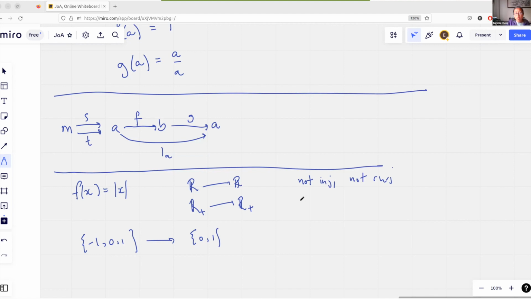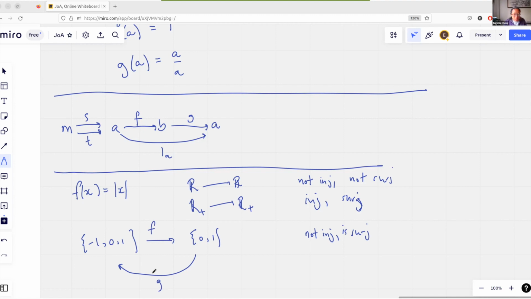If we go from the positive reals to the positive reals, it is injective and it is surjective. Whoops, that's not how you spell surjective at all. If you went from the reals to the non-negative reals, so here we've got positive and negative numbers, but we're only going to non-negative numbers, then this one is not injective, but it is surjective. And so we can find a splitting for it, because we can just send 0 and 1 back to 0 and 1.